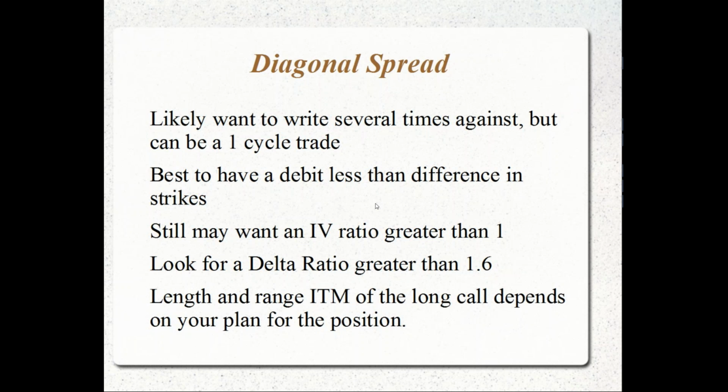You still may want an implied volatility ratio of greater than 1, where the implied volatility of your short option is greater than the implied volatility of your long option. And most of the time you'll be able to find that. The times when that's reversed, why would an option have an implied volatility that's higher out to June than in March? When you see that, it's typically because the underlying security has an event coming out sometime in April between the two.